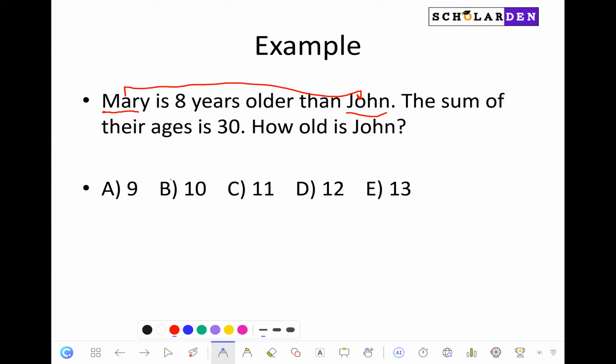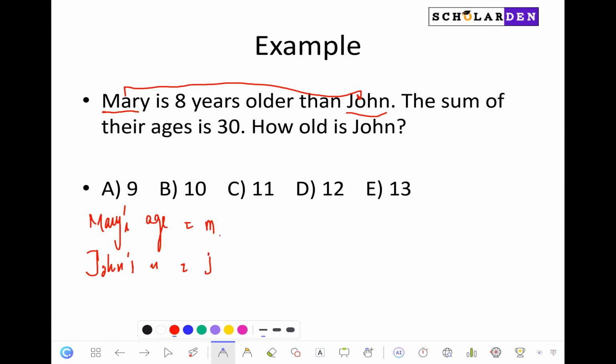So let's translate that into a mathematical expression, okay? So the first thing is Mary's age. Let's assign the variable. Mary's age, let's call this M, okay? And then let's call John's age J. All right.